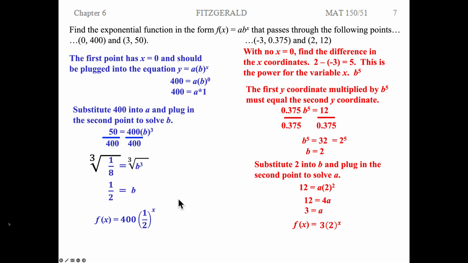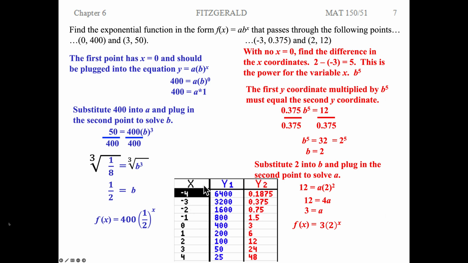Another thing I encourage you to do is double check with your calculator. I stored this function into y1, 400 times 1/2 to the x. Plugged in this function for y2, 3 times parentheses 2 to the x power. And then don't graph it, but hit the table, second graph. It creates the table for you.